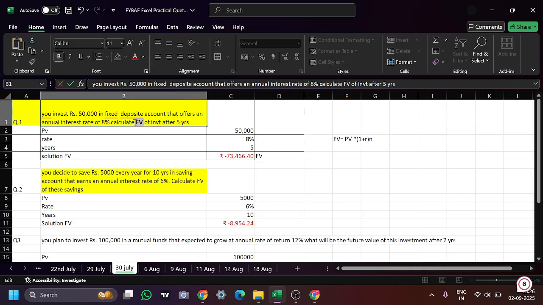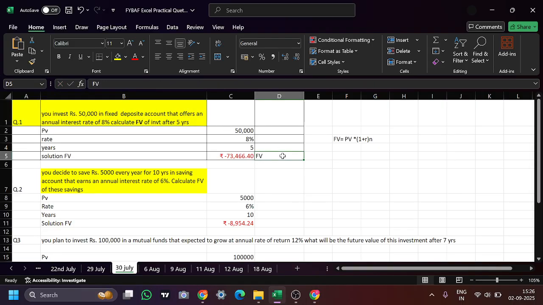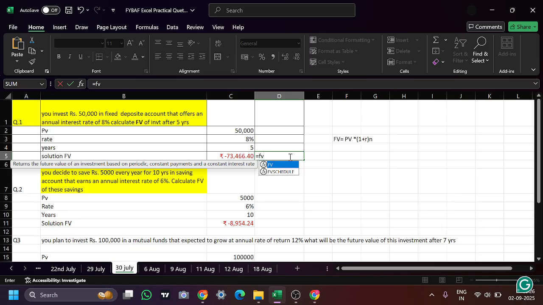Now in Excel, while calculating the future value, we just need to put in the formula. Again, for these particular sums, kindly ignore this minus symbol. Done. Now the formula goes like this: is equal to FV in bracket, the rate is 8%, comma, NPER is nothing but the total number of payment periods.